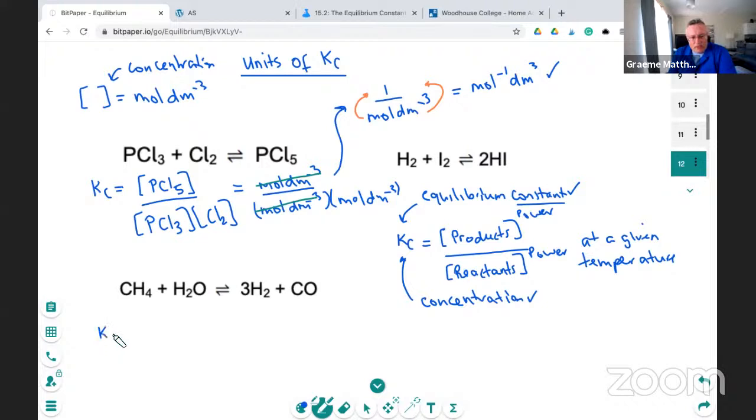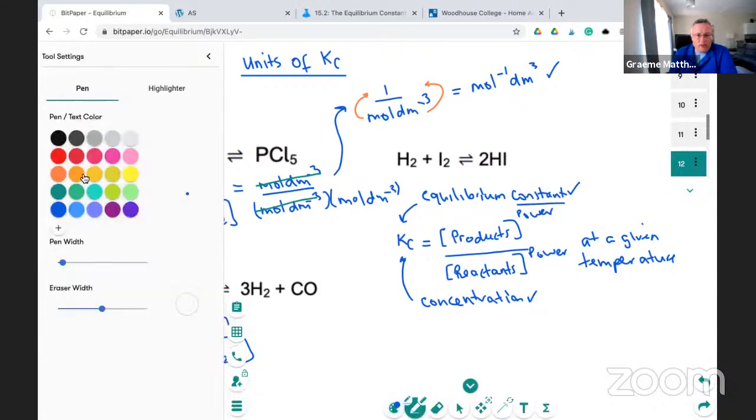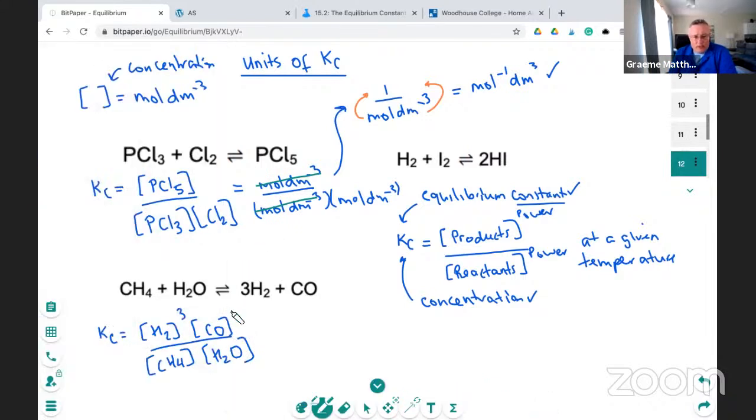And so next one then, Kc, all right, again, products, H2 cubed times CO over CH4 times H2O. Okay then, so I'm thinking green pen here, do this, right. Let me write it out first, hold on.